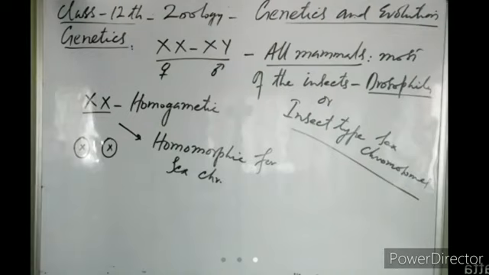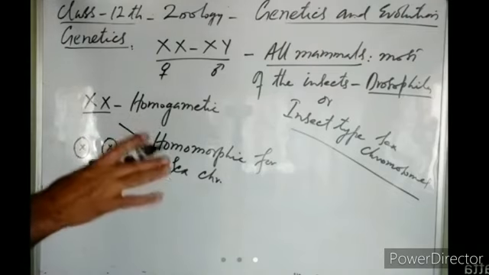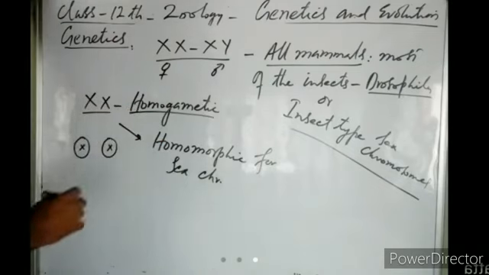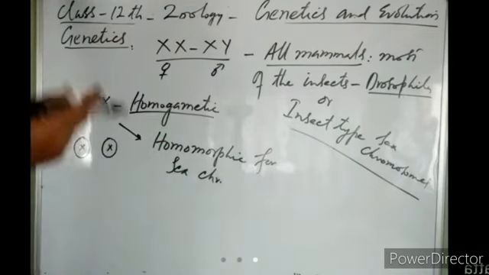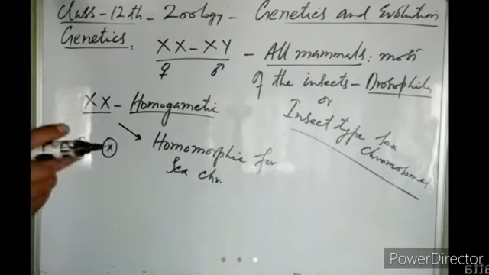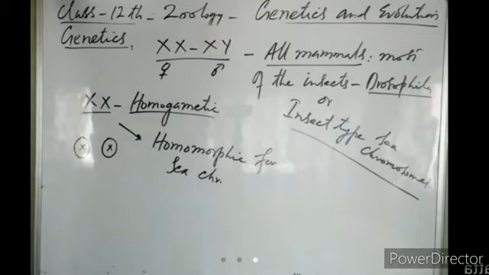Homo means similar, morphic means having the same type of morphology, right? So morphologically, the two sex chromosomes are similar. That is why we call it homomorphic. When the female releases ova, all the ova have sex chromosome X in them. That is why we call it homogametic.